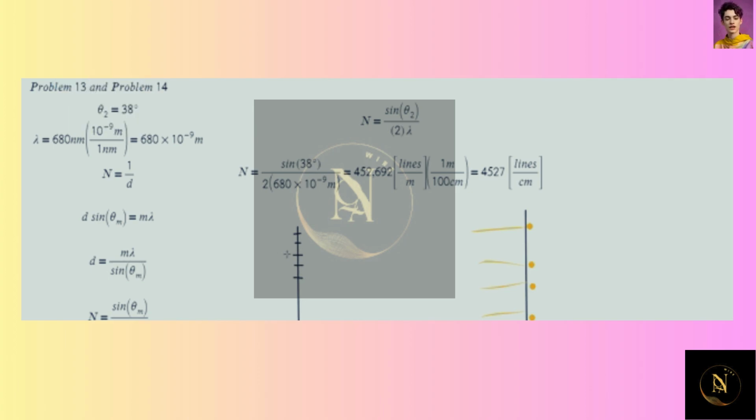Suppose these two openings go to one of these minima here. And again, this screen is so far out that the slopes of these two light rays are parallel. The path length difference between these two is going to be an integer multiple of the wavelength for constructive interference.